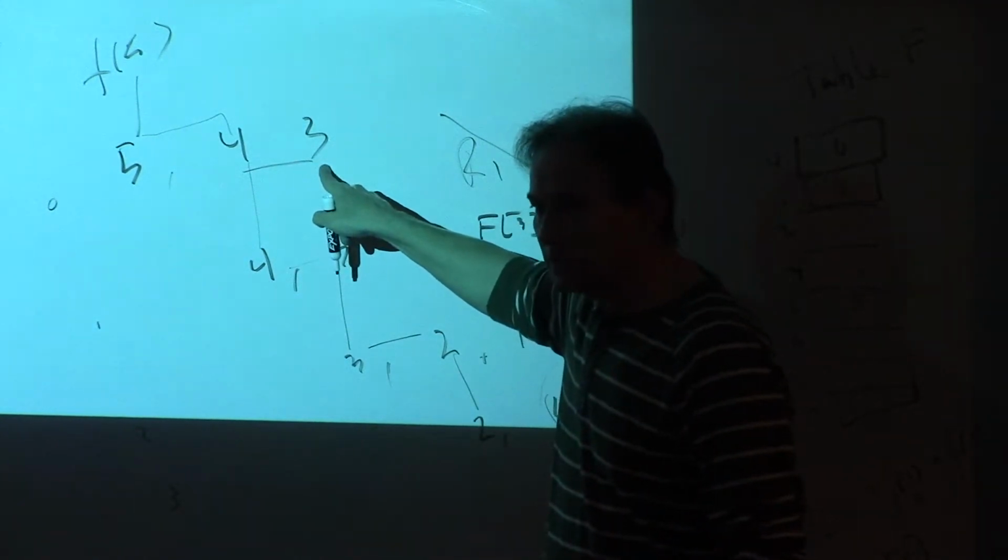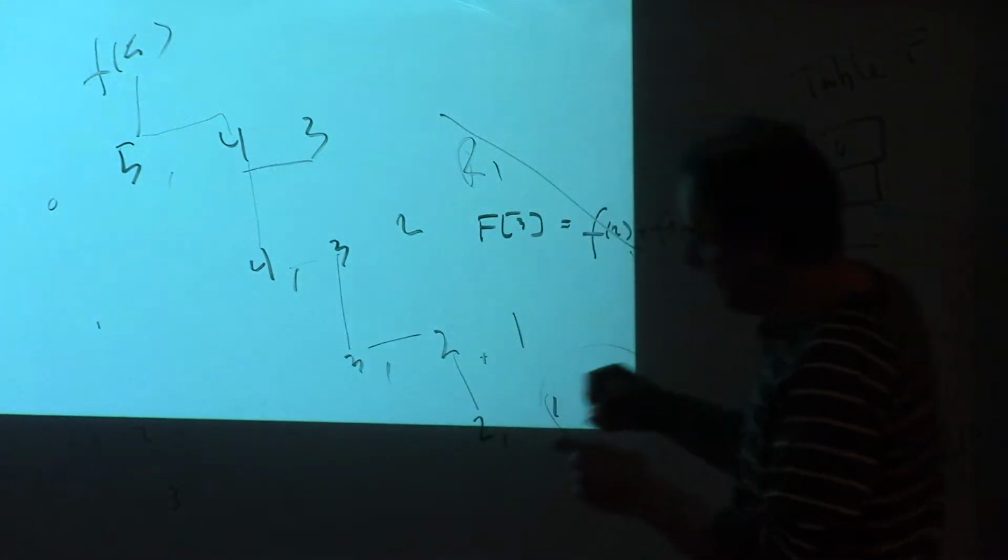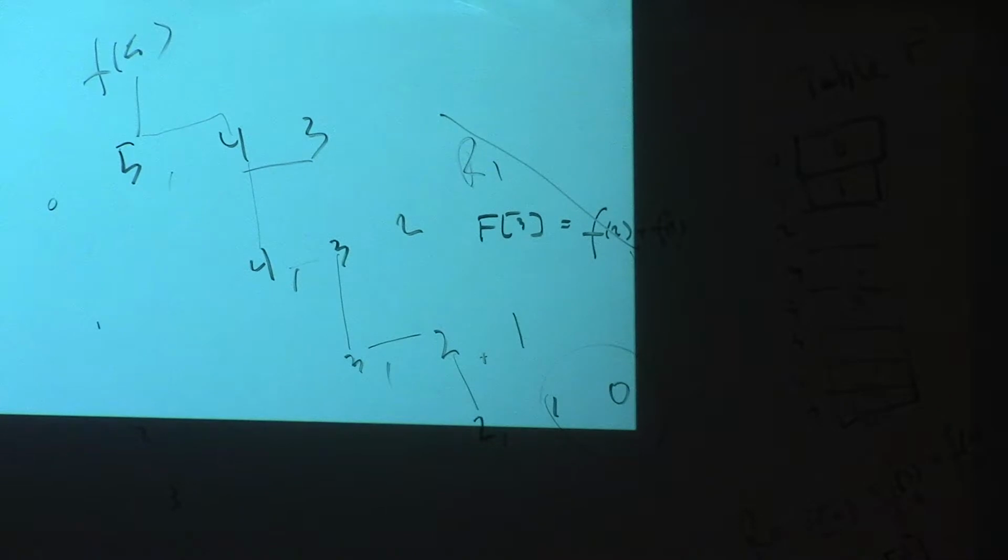How much work to get theta 3? It's already done. That's also theta 1. So when I do Fibonacci of 5, how many units of work did I do, roughly speaking? N minus 1, but if I generalize it to n, I would call it theta n. Okay, does that make sense? So if I call it theta n, the amount of work being done is n.